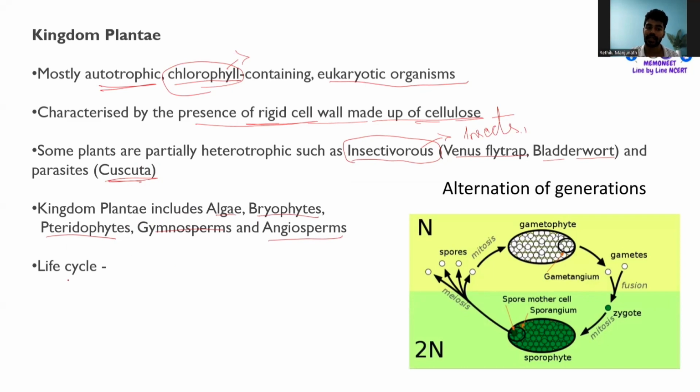So about the life cycle of the kingdom Plantae, it normally follows two stages.